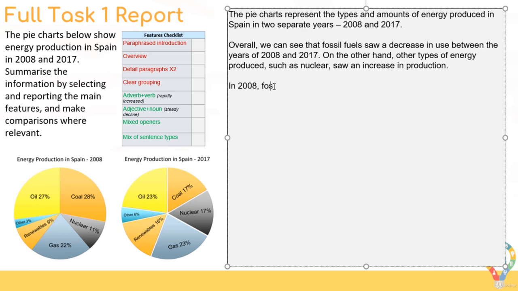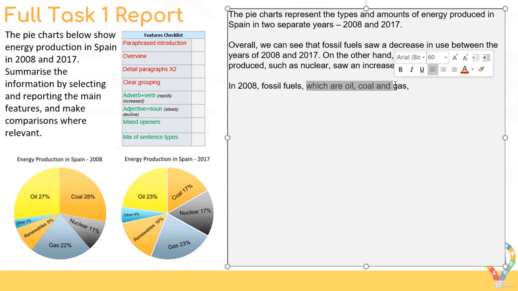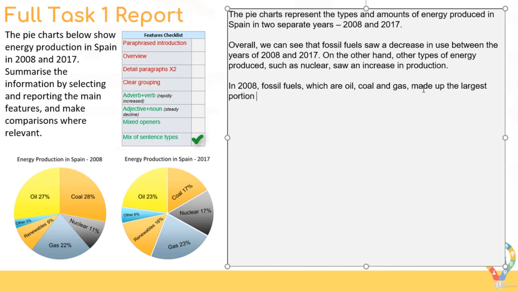In 2008, fossil fuels, which are oil, coal and gas, and you can see here by adding these separate pieces of information that I'm actually using a mix of sentence types, made up the largest portion of energy produced in 2008.